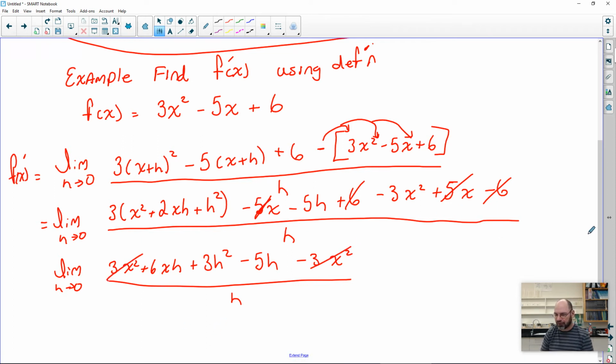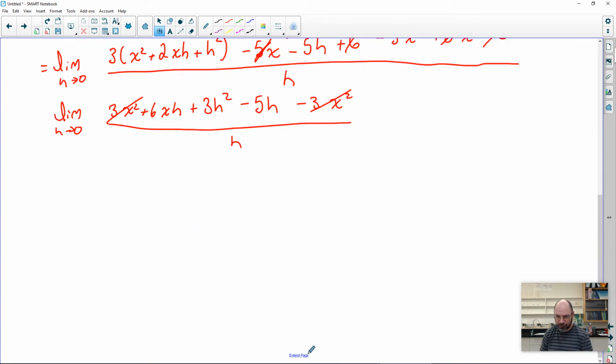So that leaves us with a simplified expression: the limit as h approaches 0 of 6xh plus 3h squared minus 5h all over h.